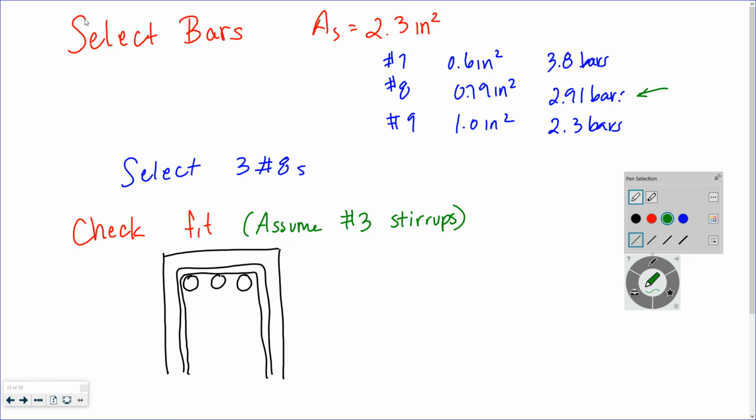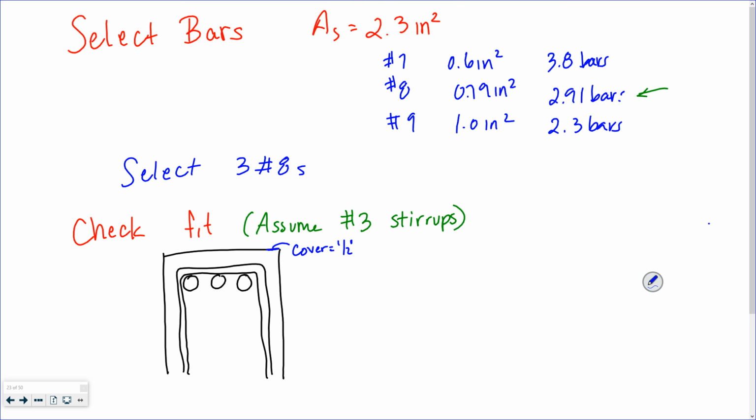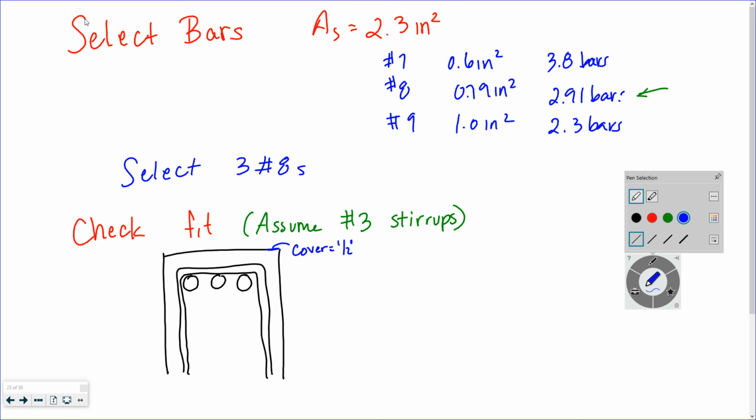So let's see. I've got my cover. My stirrups. I think I made those purple. Right. 3/8 of an inch.